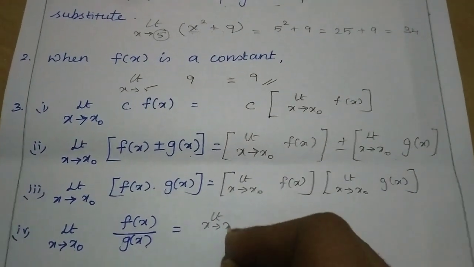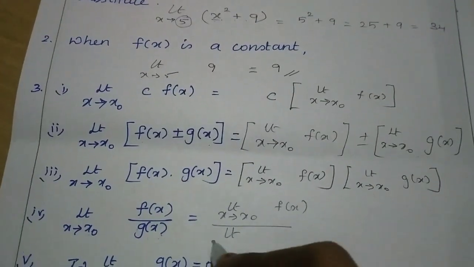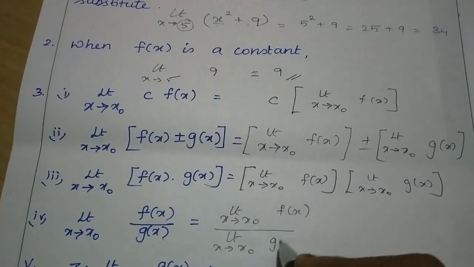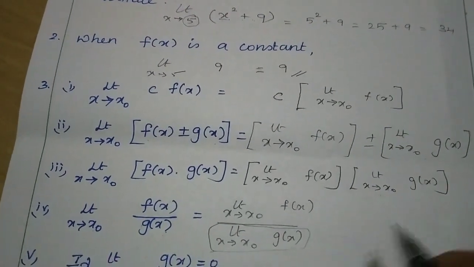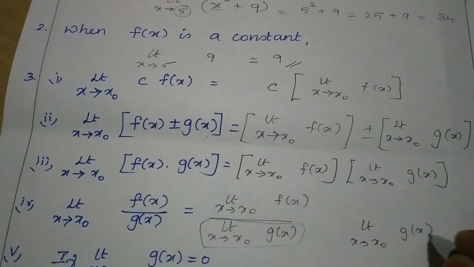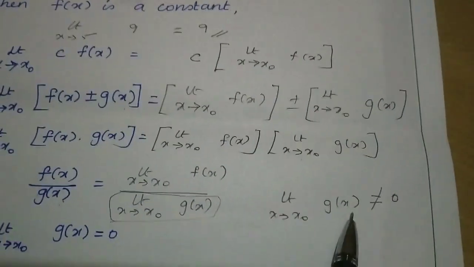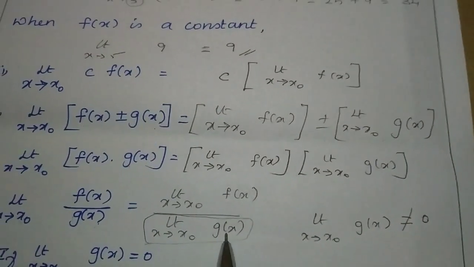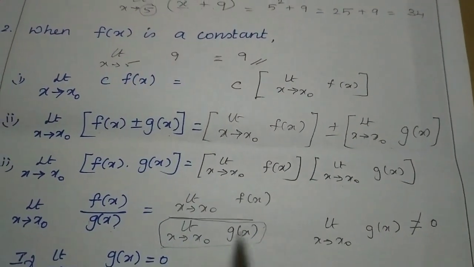Limit x tends to x naught of f of x whole divided by limit x tends to x naught of g of x, provided this denominator value, limit x tends to x naught of g of x, should not be 0. This you should remember. The denominator value should not be 0. Then only your answer will exist.